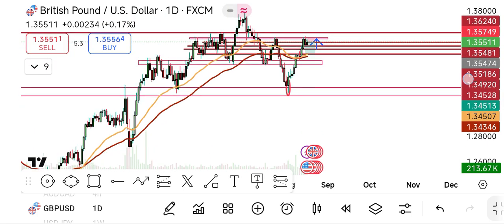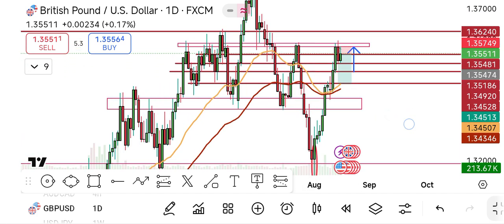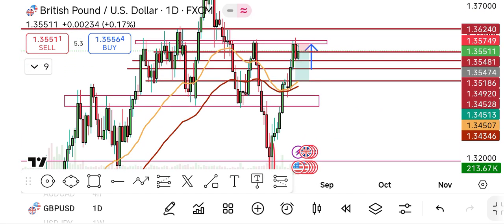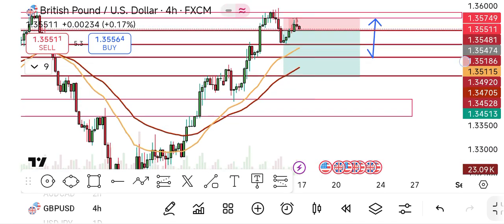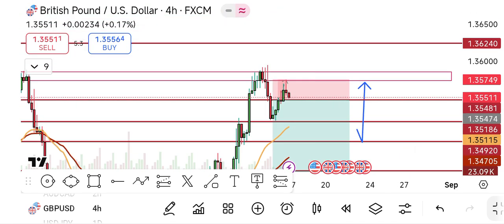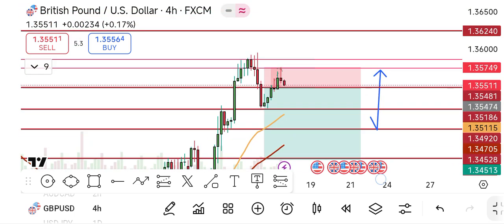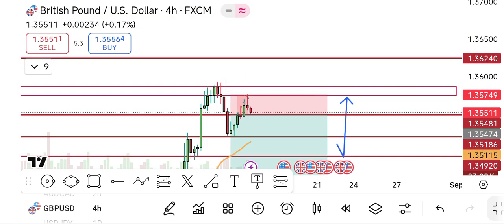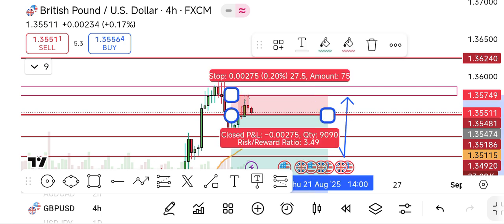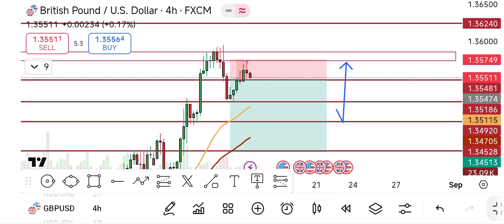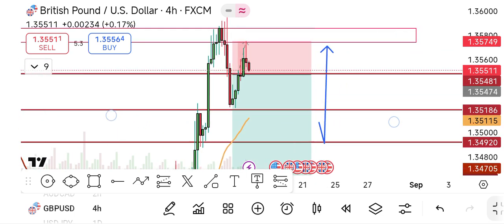But here it is trying to create a market reversal pattern. It came here to break and retest it. At 4 hour, you can see it comes to the upside, breaks and retests this level. So I'll be expecting a clean bearish engulfing candlestick at this level to enter the trade. I haven't entered the trade yet, but I'll be expecting a very clean bearish engulfing candlestick to enter it.